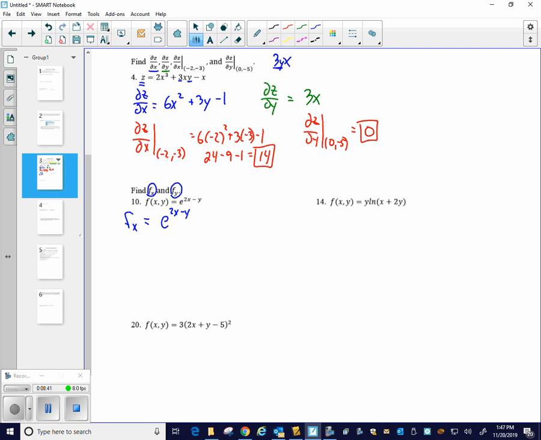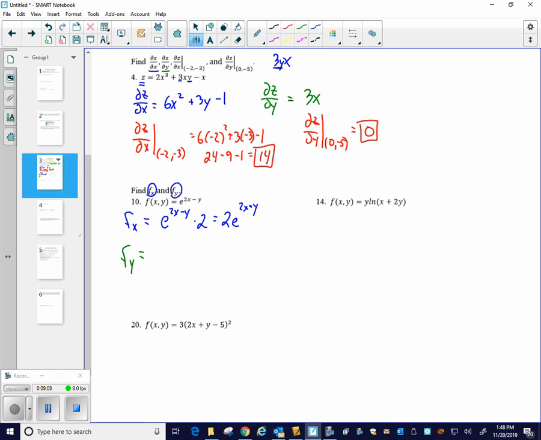Well, the exponent is 2x minus y. The only part that has x in it is 2x, so the minus y part will be gone, and the derivative of 2x is 2. So really we can write that as 2e to the 2x minus y. And then f sub y means take the derivative with only respect to y.